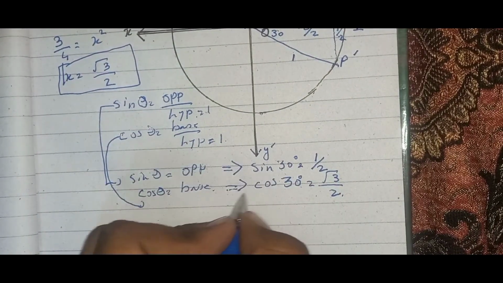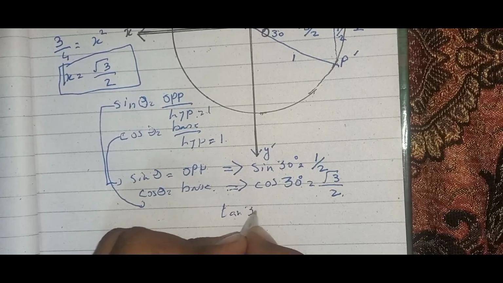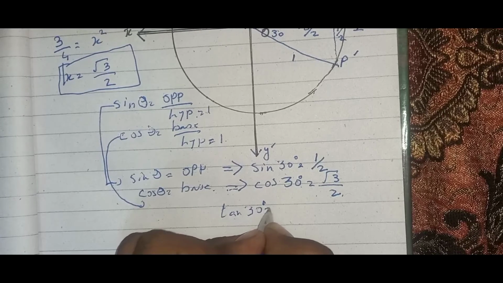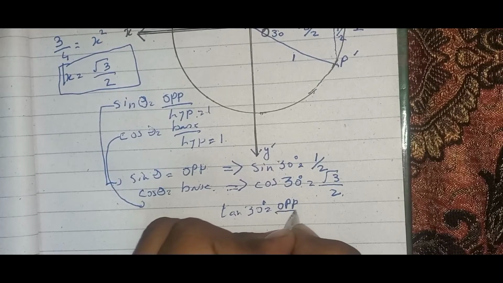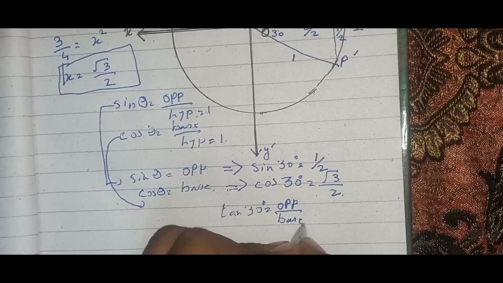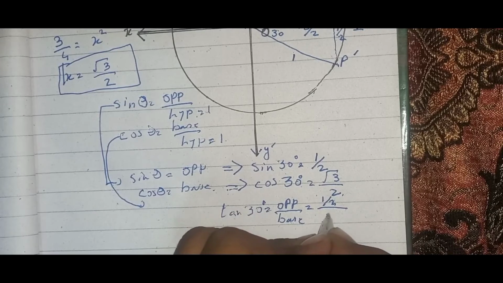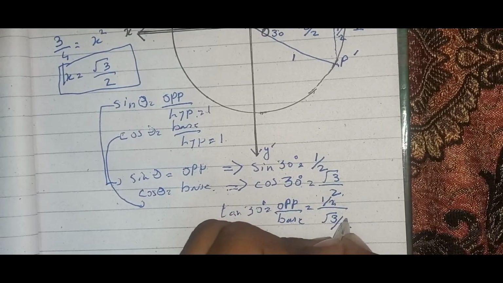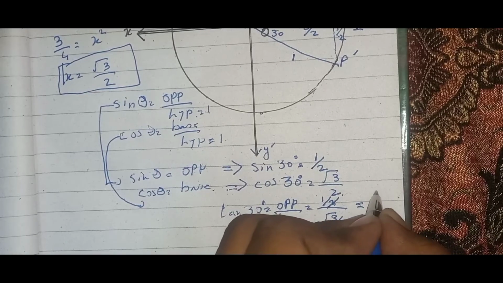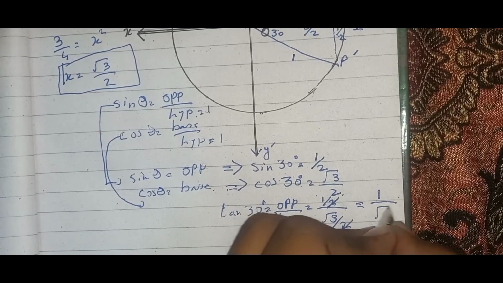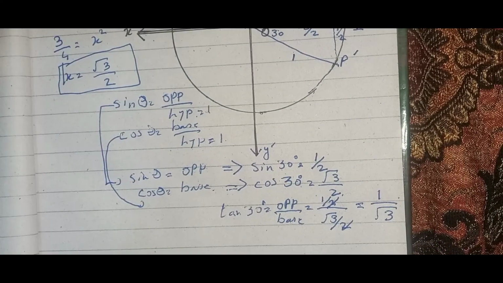Now we can also find the value of tangent theta, tangent 30 degree, which is equal to opposite divided by base. So substituting the values, 1/2 divided by square root 3/2, so cancel out both 2's, and we have tangent 30 degree equal to 1/square root 3.